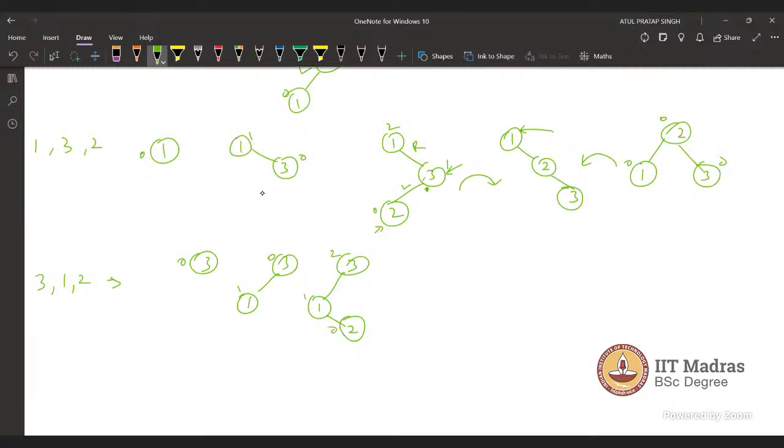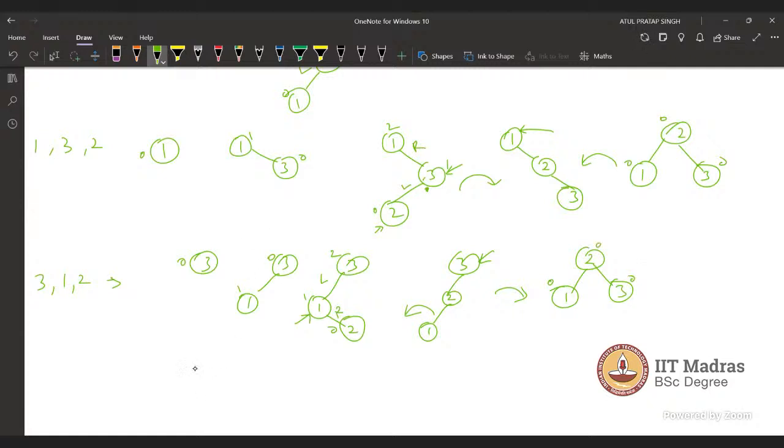So this is the LR condition. In the LR type of rotation, the first rotation we apply is an anti-clockwise rotation. So 3, 2, and 1. The second rotation we apply on this 3, which has the balance factor 2. This will be a clockwise rotation. So now 2, 3, and 1. Now it becomes balanced.